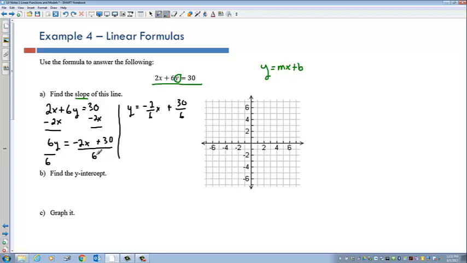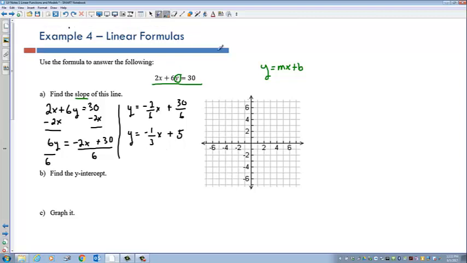You remember, when you divide with addition, you have to give the 6 to each of them, not just to the 30, but also to the 2. Now, if it was multiplication, you could just give it to the 30. That's why we're typically getting confused. And then, of course, this reduces to 1/3, so it's negative 1/3 x, and that's a plus, and 30 divided by 6 is 5. So there's the formula.